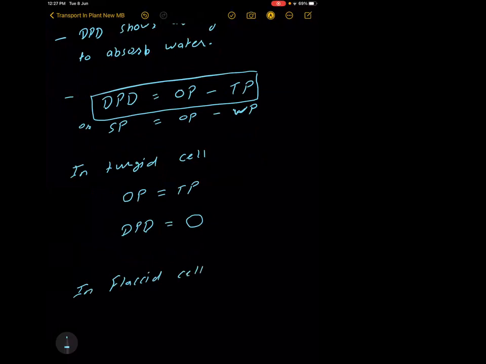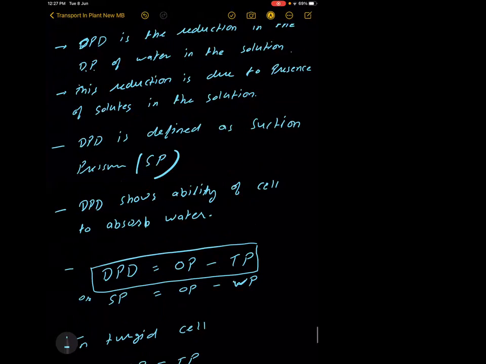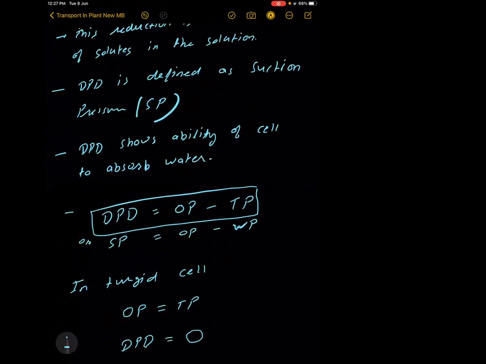Now in a flaccid cell, what will happen? Turgor pressure is 0. And OP is the maximum because it is thirsty. Osmotic pressure means the solutes are more in that cell as compared to the solvent.